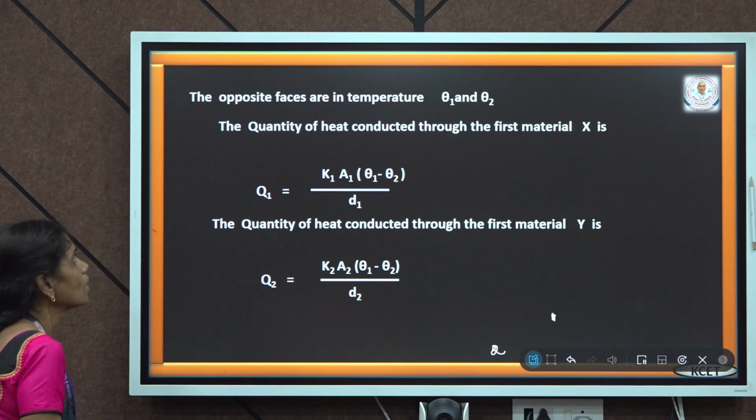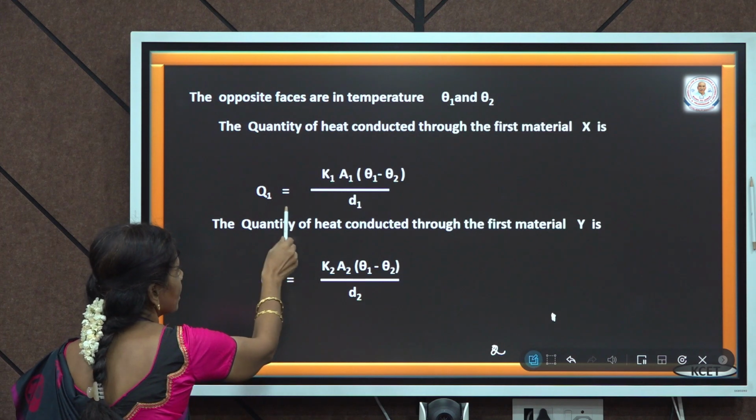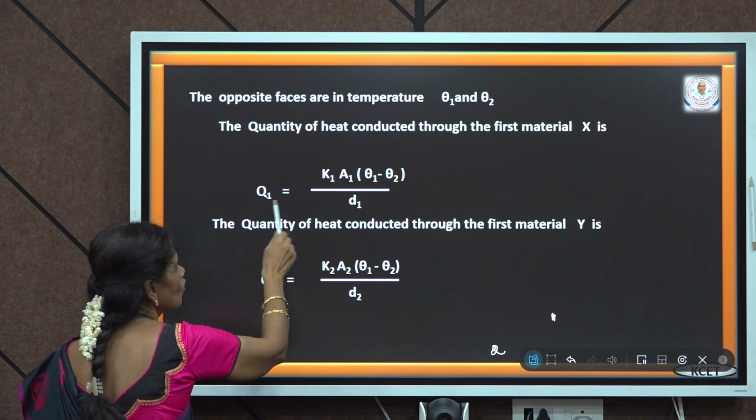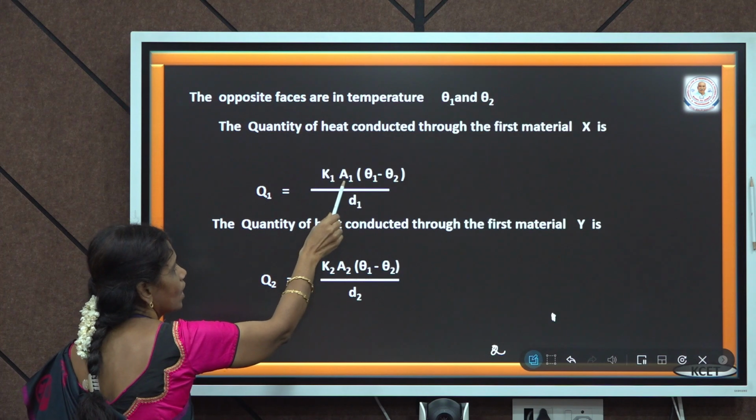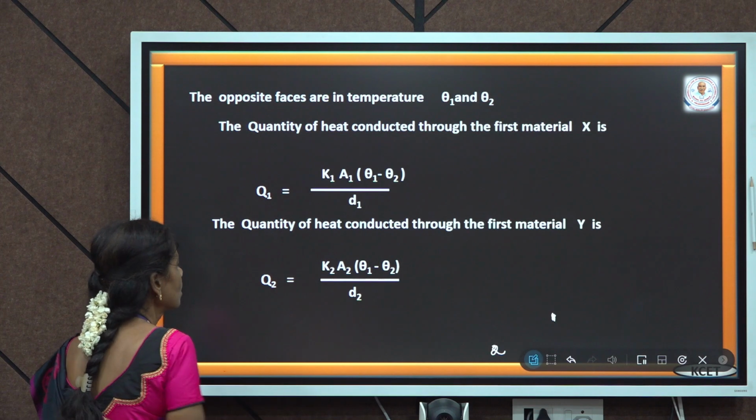Now, the quantity of heat conducted by the material X is given by Q1 is equal to K1 A1 (theta 1 minus theta 2) by D1.